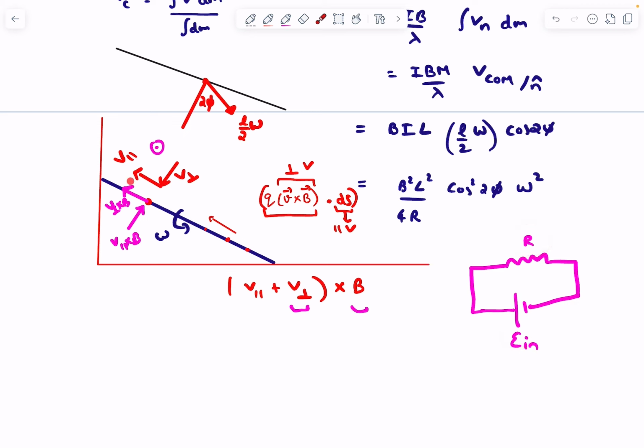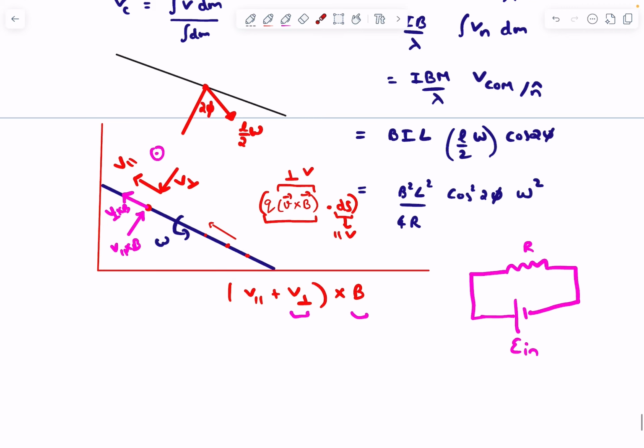So we can indirectly say that the power of this force is the same as the power dissipated across the resistor. So taken together, their total power should add up to 0 because the total work done by the magnetic field is 0. Okay, so that was basically what question 2 was asking us to prove.